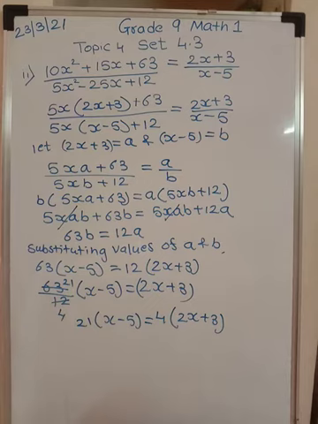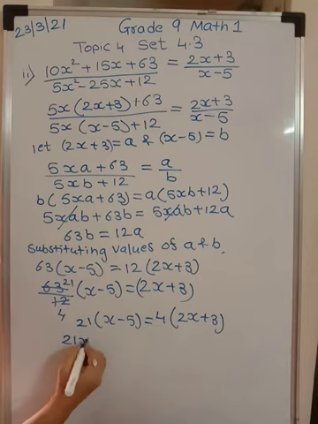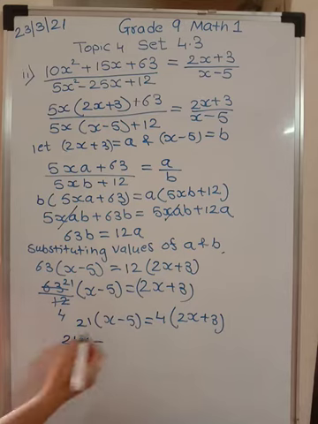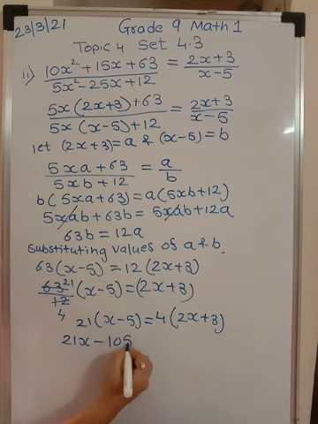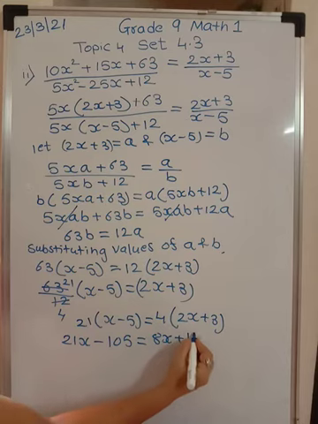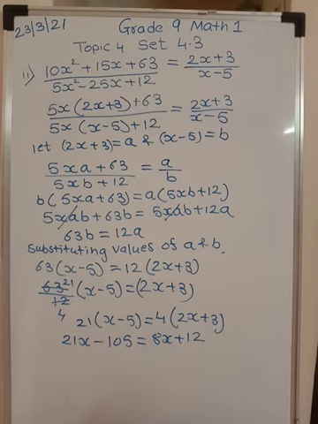Okay, let me multiply. What I am going to get? 21 into x is 21x minus 21 into 5 is 105, is equal to 4 2s are 8x plus 4 3s are 12. Clear? Okay.